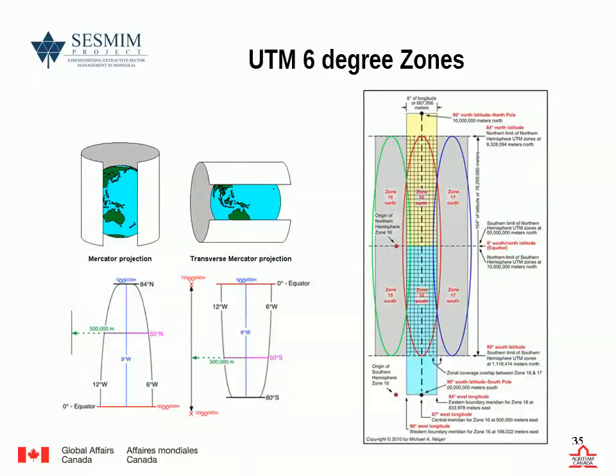This is some more explanation of UTM. So the Mercator projection is the projection that gave us the previous map. The UTM is a transverse Mercator. So we take the world, we rotate the cylinder transversely, horizontally. So as I said, you see at the poles it gets really distorted.